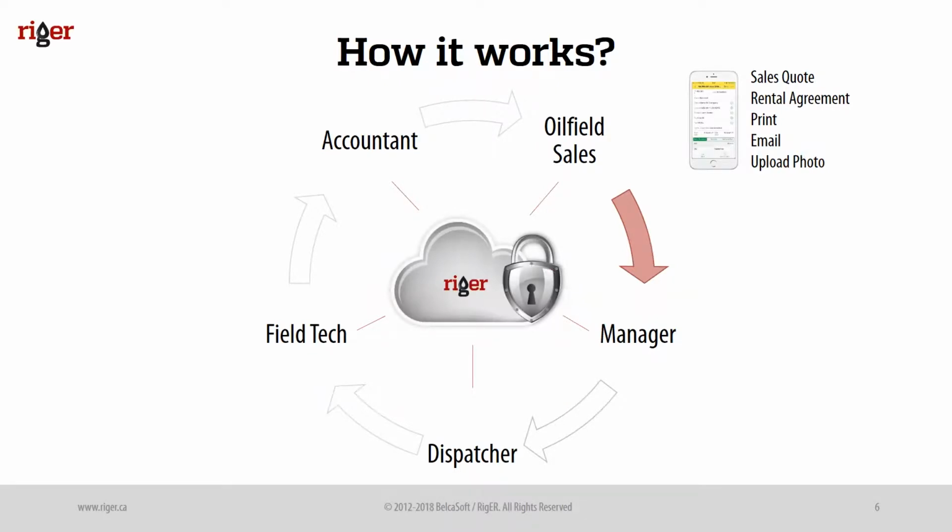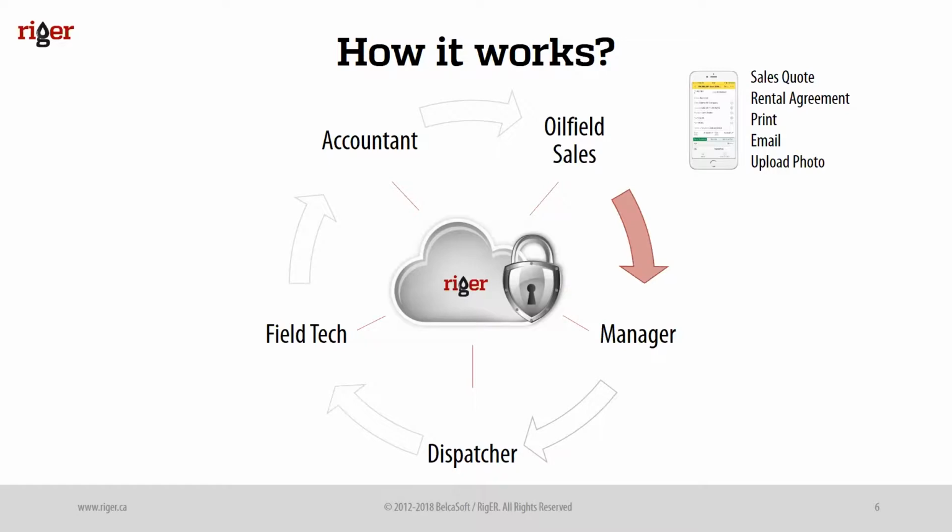Everything starts from sales. Then we'll do the oilfield sales, and the salesperson can generate a sales quote, rental agreement, print it, email it exactly from a mobile device or from the desktop application. Today, we will mostly be focusing on the mobile features.